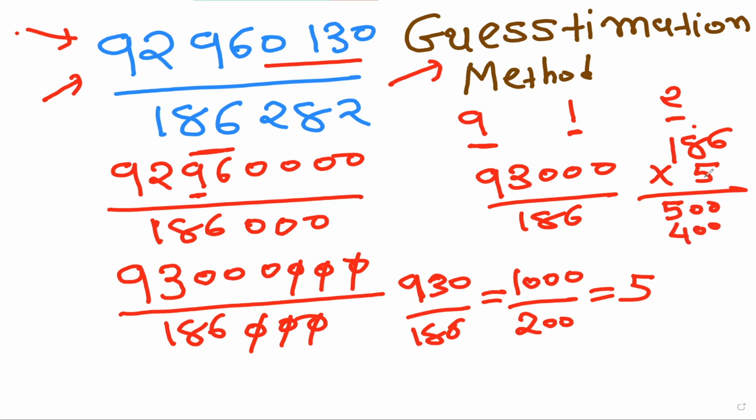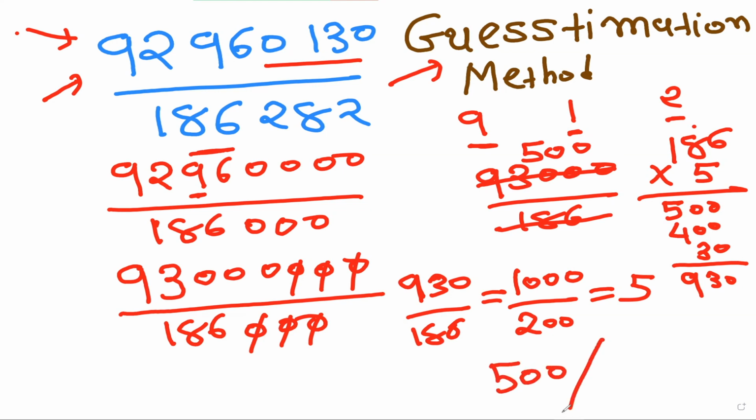And then 6 times 5 is going to be 30. If I just add them up, 5 plus 4 is 9, and 3 and 0. So that's perfect, 930. So this is going to be 5, and there are 2 zeros at the end. So 500. My answer to this complete question is 500.